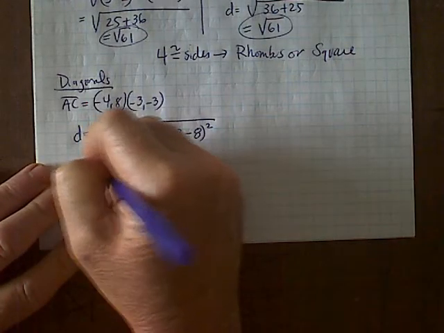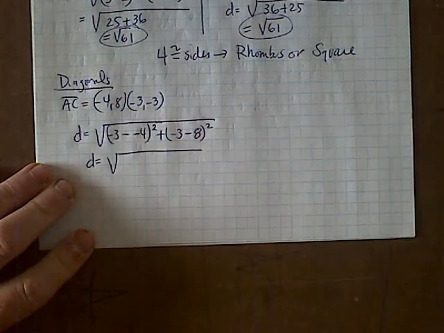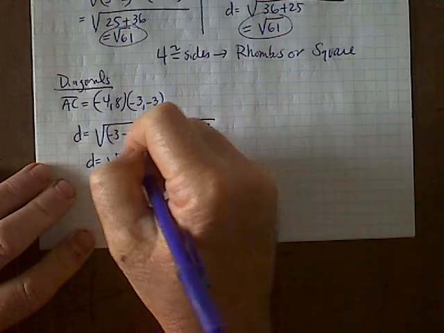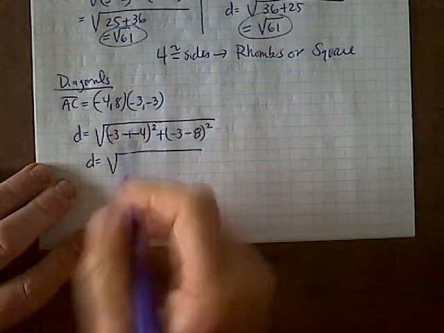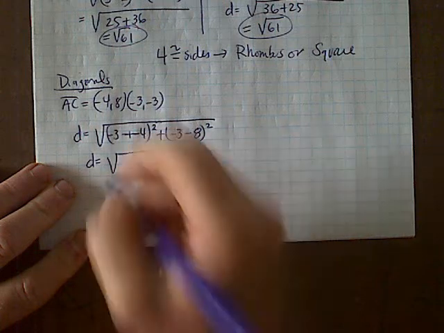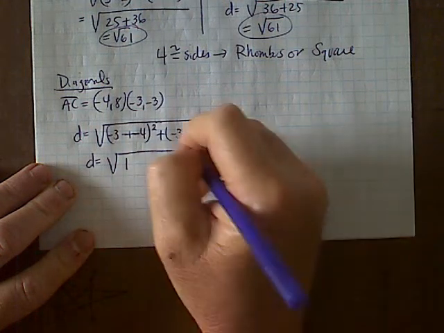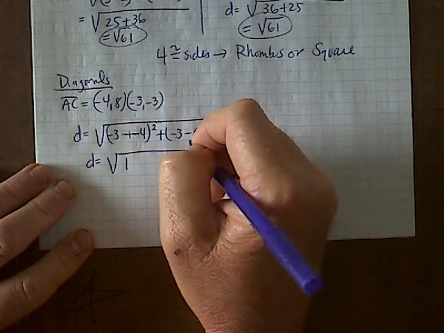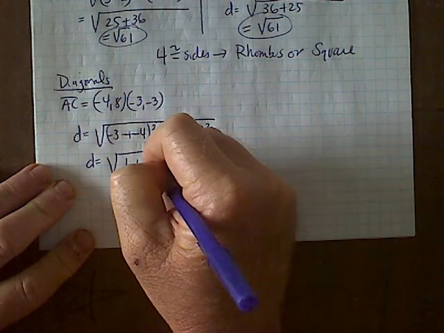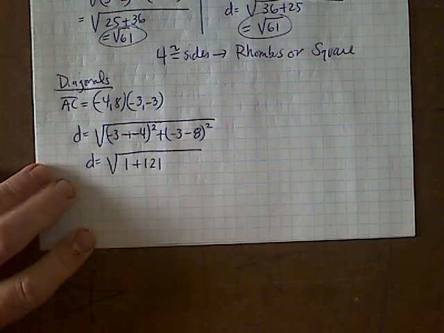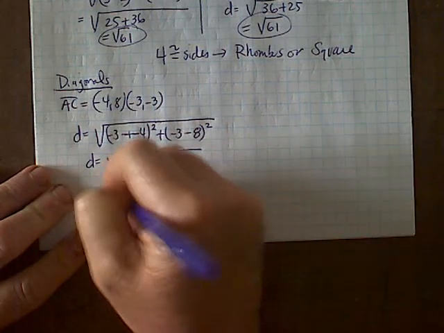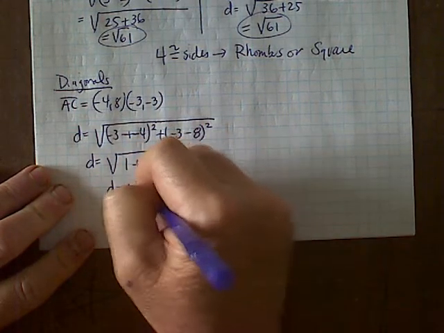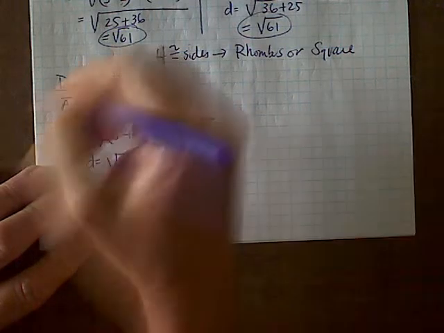We're trying to find the length of the diagonals. So this is going to be minus minus turning to plus. Negative 3 plus 4 is 1. 1 squared is 1. Negative 3 minus 8, that's negative 11. Square it, that is 121. 11 times 11. And so the diagonal length is the square root of 122 for AC.